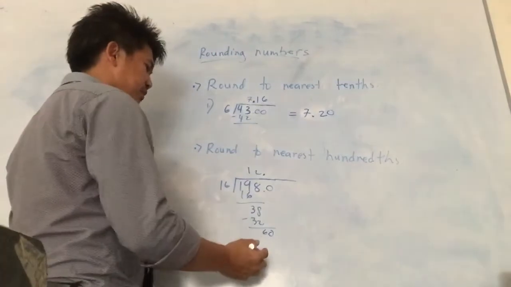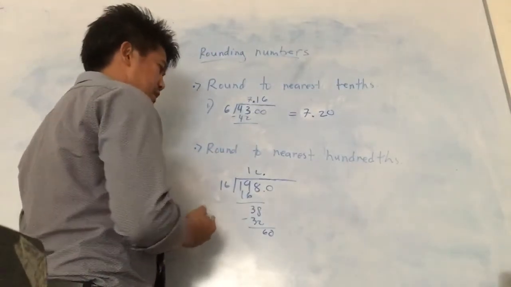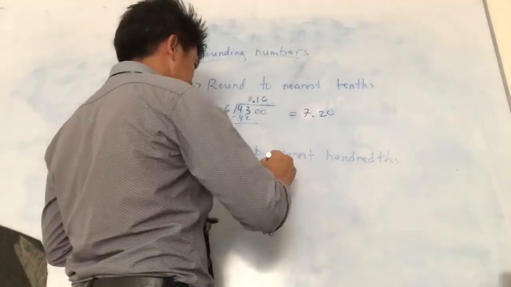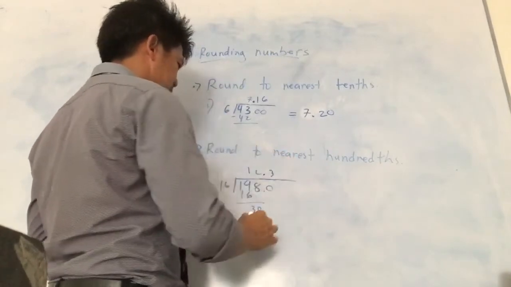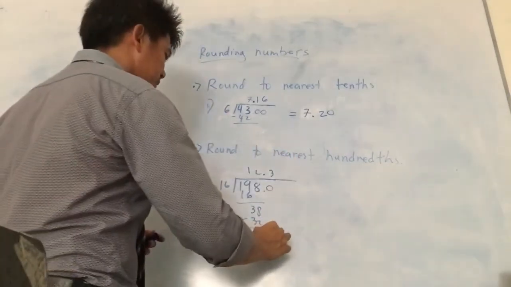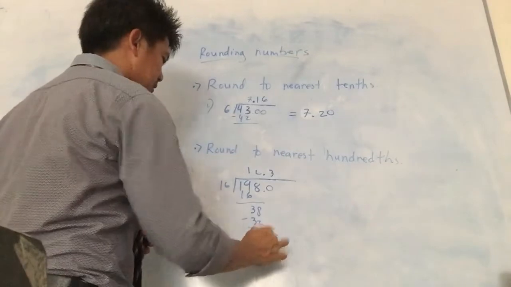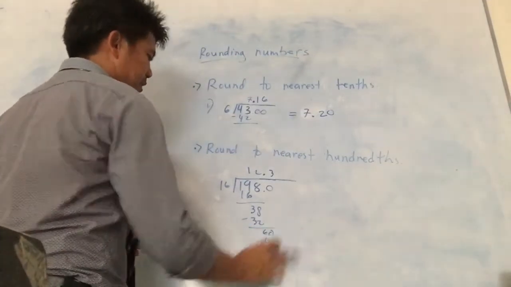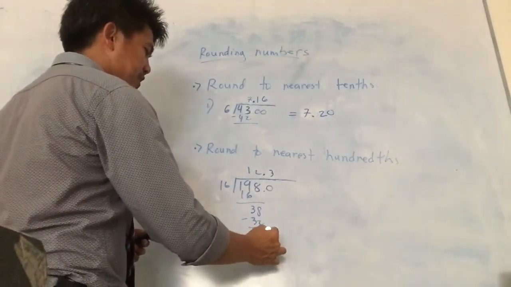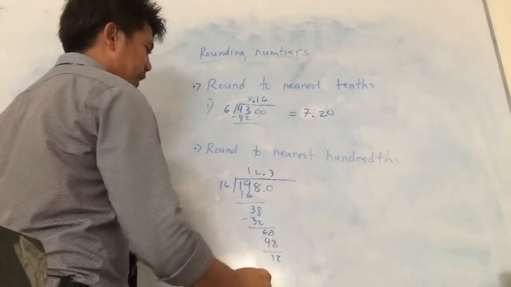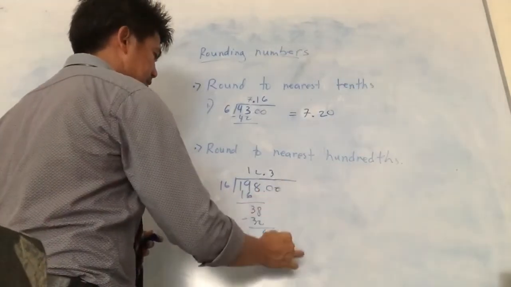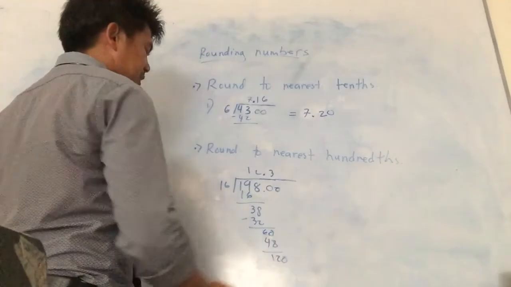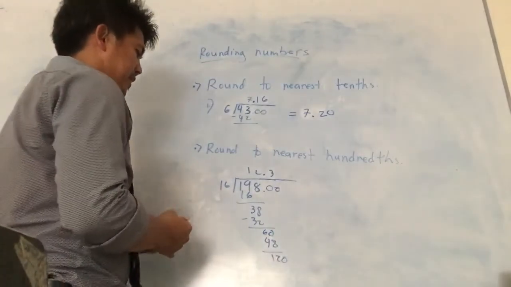So this is 60 divided by 16 is 48, that is 3. 48. 60 minus 48 is 12. Alright, then add one more 0, that is 120.